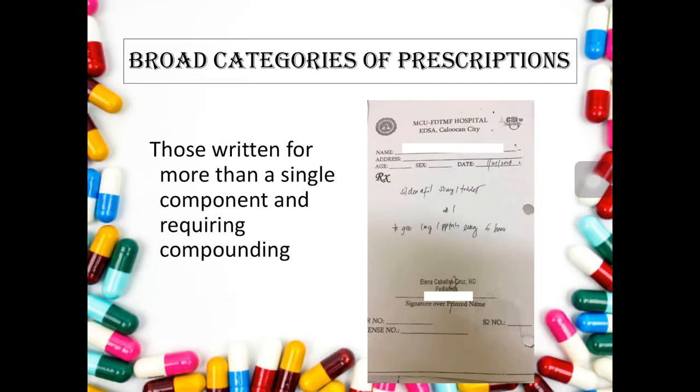The third one, or the third type of prescription, falls under the second category, which is those written for more than a single component and requiring compounding. So as you can see here, the drug is sildenafil 50 milligram tablet, but with a special instruction to give one paper tab every 6 hours. And paper tab, this is the compounded preparation.